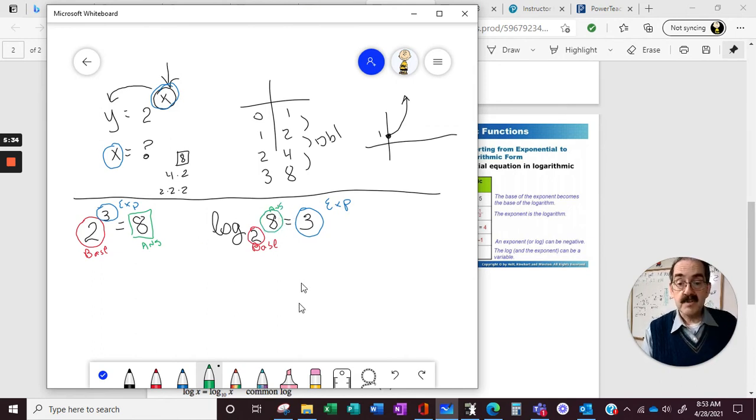All right, so let's try another one. Let's go 3 squared, 3 to the 2 power. What's 3 to the 2 power? 9.